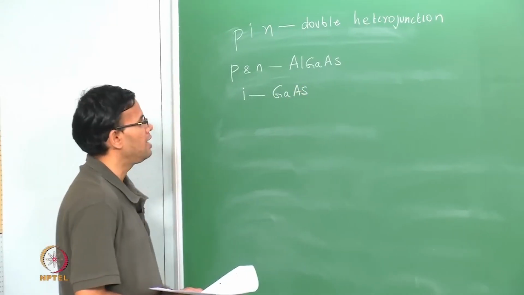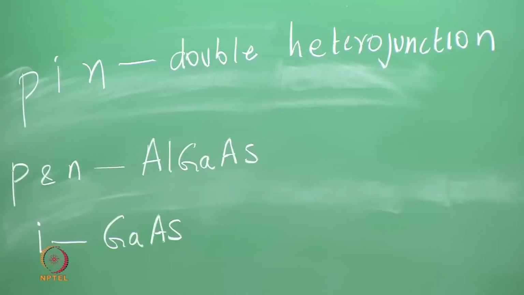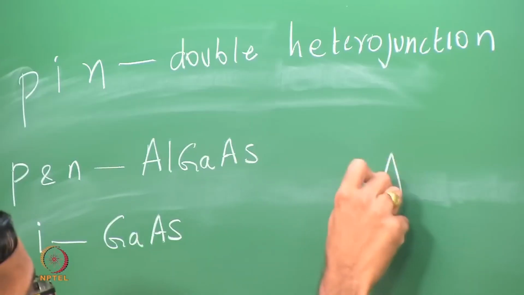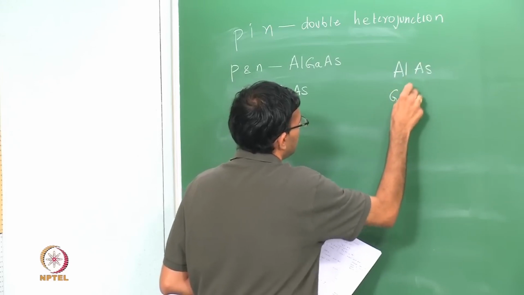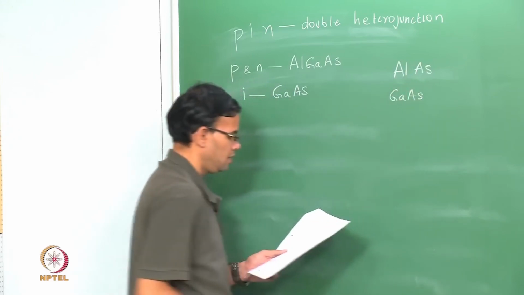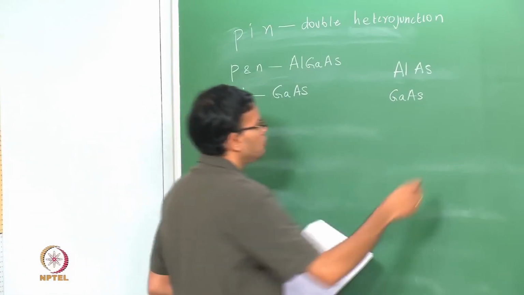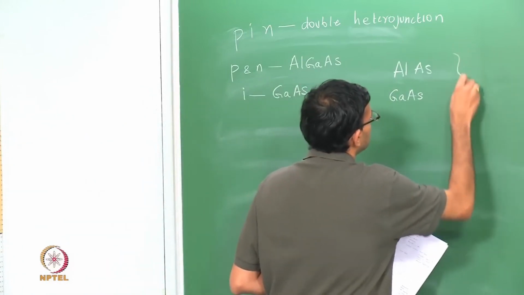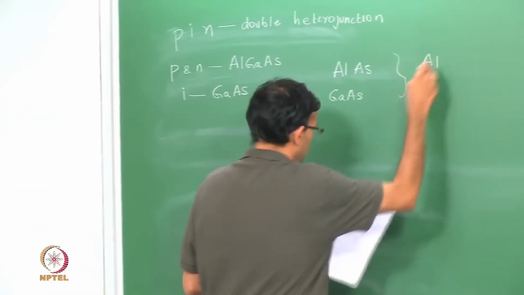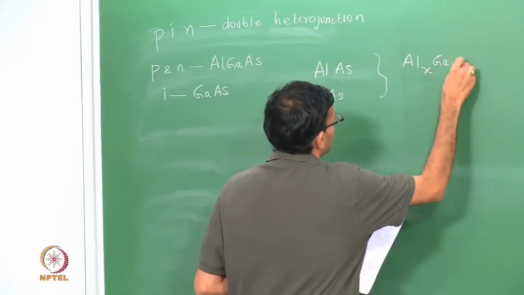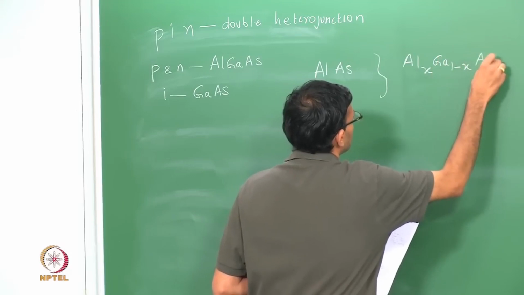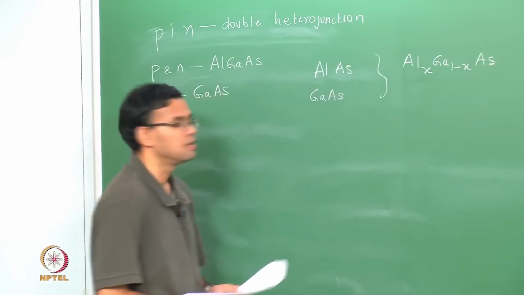Now, aluminum gallium arsenide is actually composed of aluminum arsenide and gallium arsenide. Its formula is usually given as Al_x Ga_(1-x) As.